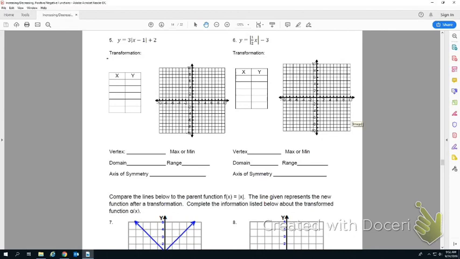Okay. Gavin, give me another one. That's with the sign. Up 2. And Jake, what's the last one? The 3 at the front. Vertically stretched. Okay.